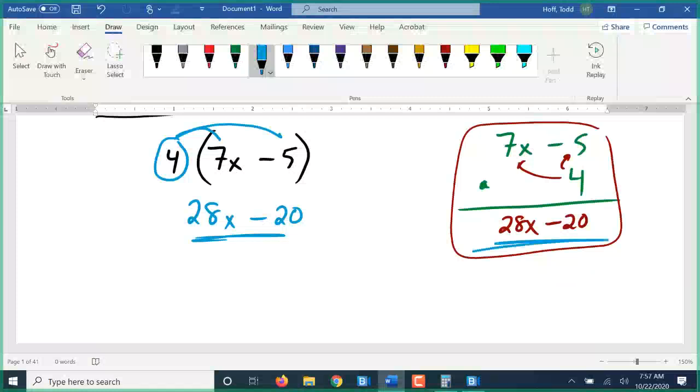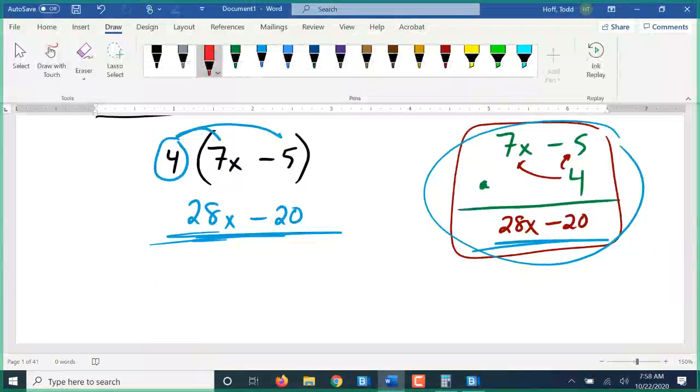Notice we get the same result. This just took less space. So this is really the process that's going on, but to save time and space, we're going to do it this way with the distributing. Because as we get up into larger problems, it's way easier just to keep it in that own little section of the problem and not have to rewrite it off to the side.